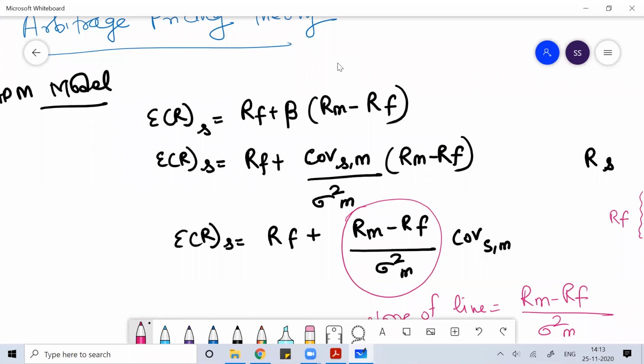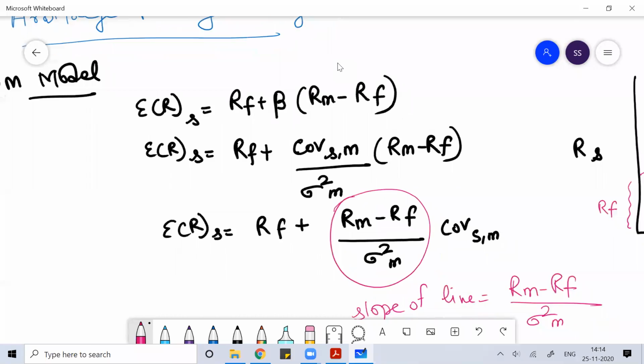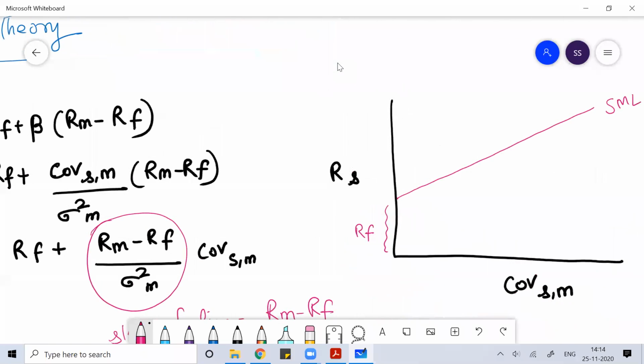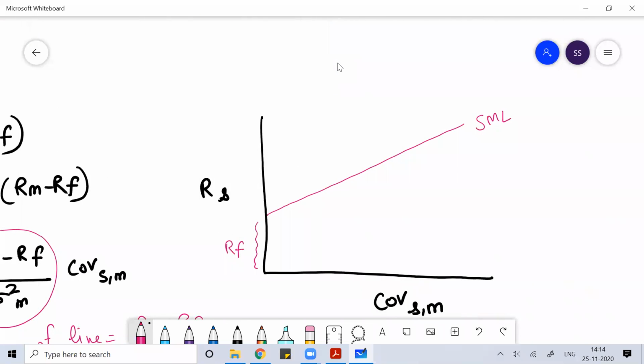The return we get is the best return, and every fund manager tries their best to somehow reach the SML. We believe that all fairly valued securities lie on the SML.